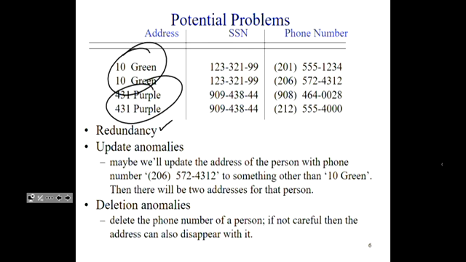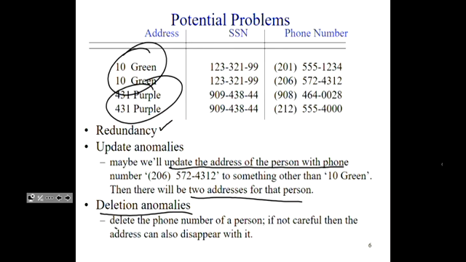The issue with update anomalies is that if you update the address in one of the tuples, you have to update the corresponding address in all of the other tuples that correspond to the same individual. And if not, there could be two addresses for a given person. You don't want that.